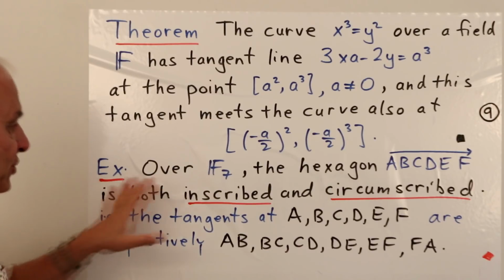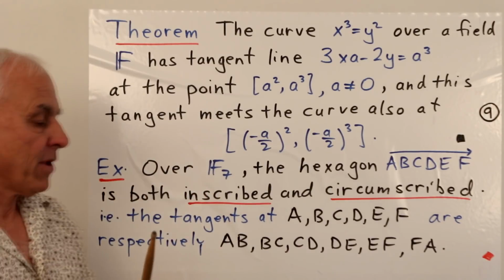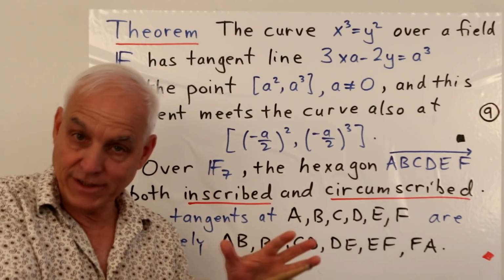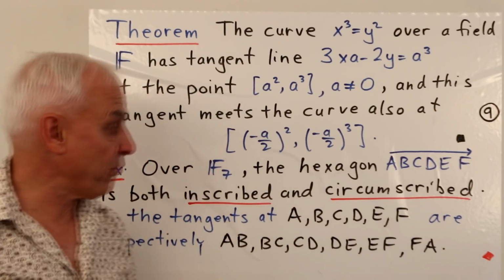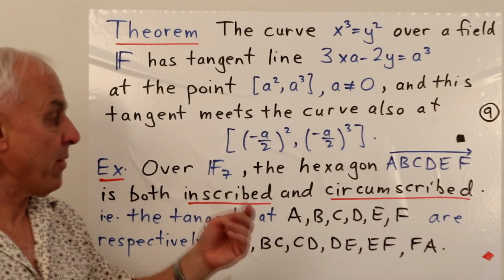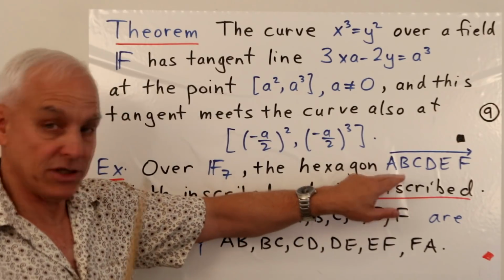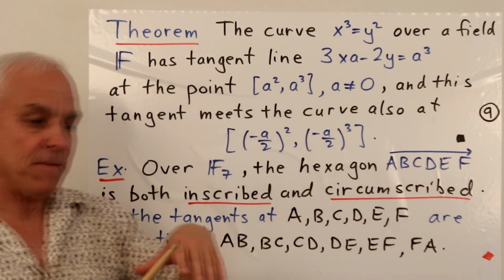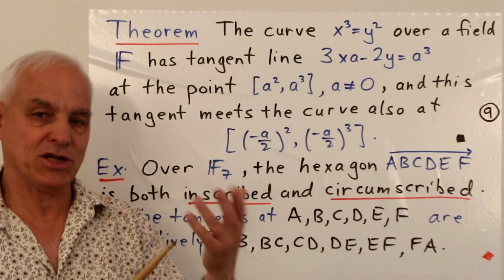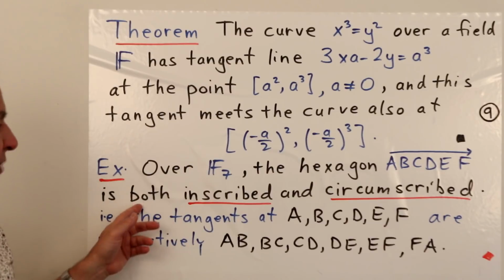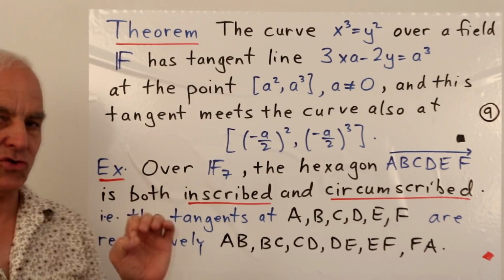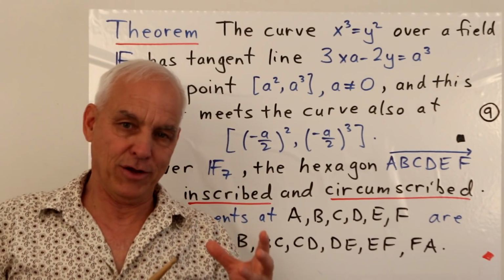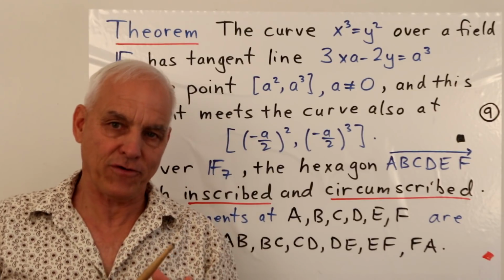Now, if we go back to the F7 case, where we've actually seen the 7 points lying on the semi-cubical parabola, we can see that this hexagon, actually an oriented hexagon, A, B, C, D, E, F, has a very nice connection here. This is both an inscribed and circumscribed hexagon on this curve.